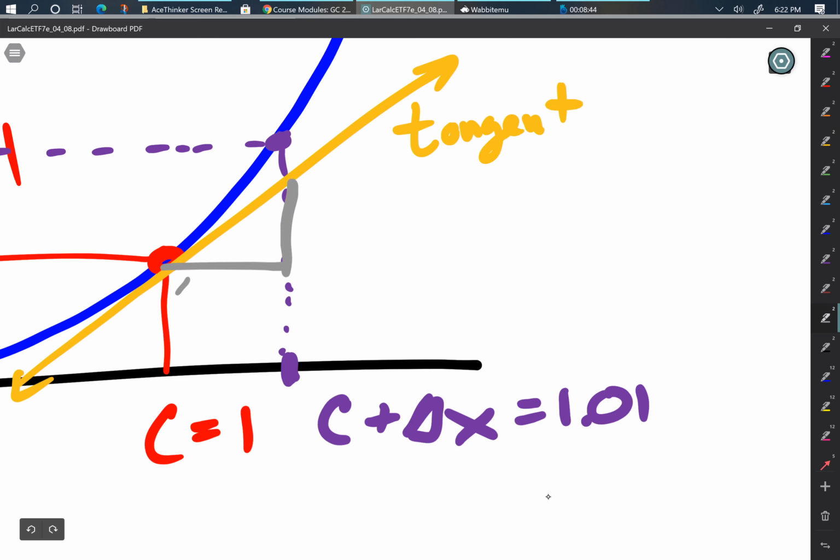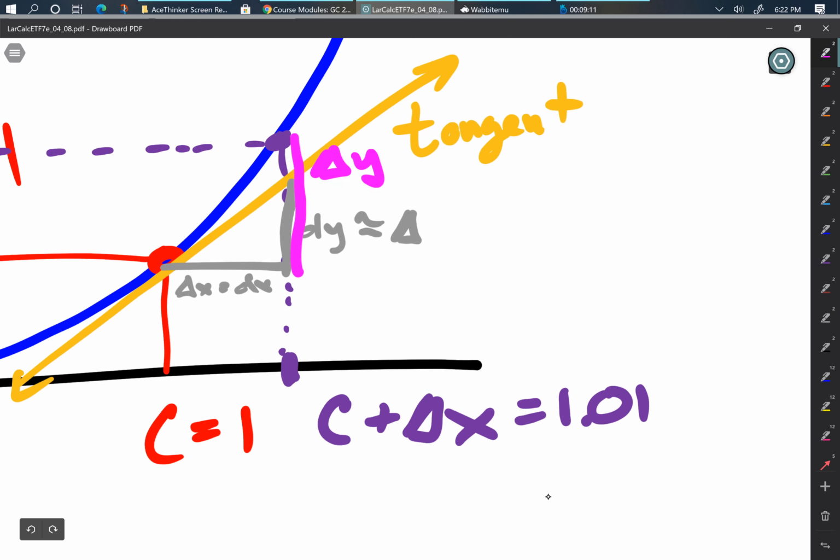Okay. We can draw in those two other sides of this triangle. This side down here is our delta x, which is the same thing as our dx. This side over here is our dy, okay, which is our approximation for our delta y. If you really want to know what delta y is, whoa, I don't like that at all. Delta y is this entire distance right here. That's truly delta y.